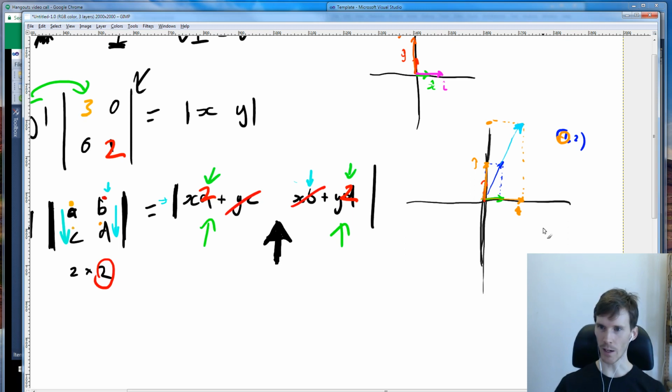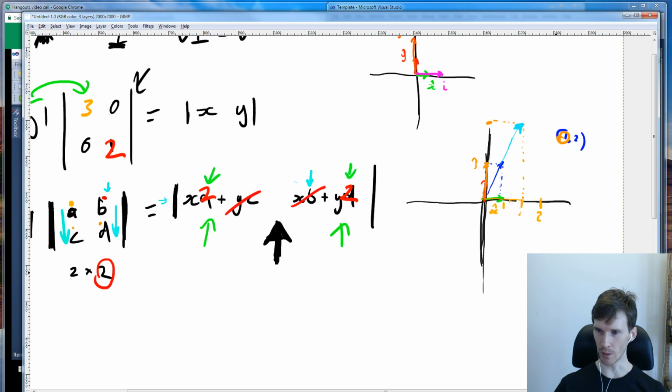So all of a sudden I hat is not 2x, it's now going to be 3 times our x-axis basis vector.